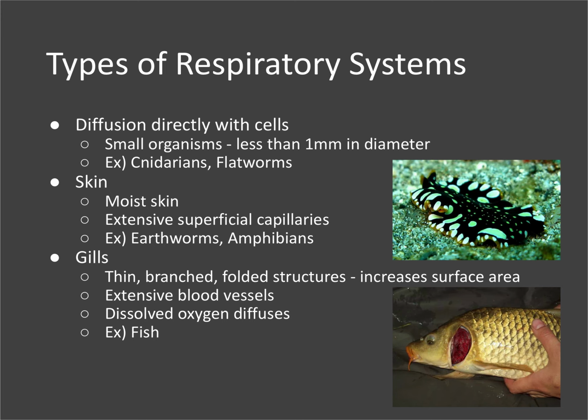So some of the simplest animals, such as the cnidarians, which remember these are the jellies, and flatworms, which is what we can see in this picture here. These organisms tend to have a very thin body, and the cells get oxygen directly from the environment. And that happens through diffusion, and more specifically, it's simple diffusion.